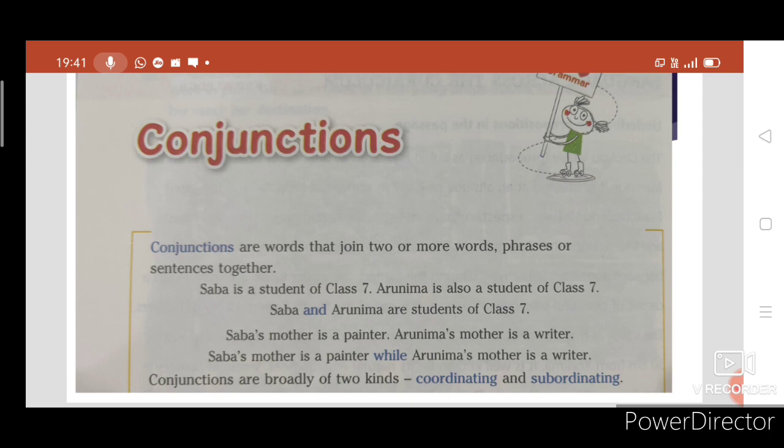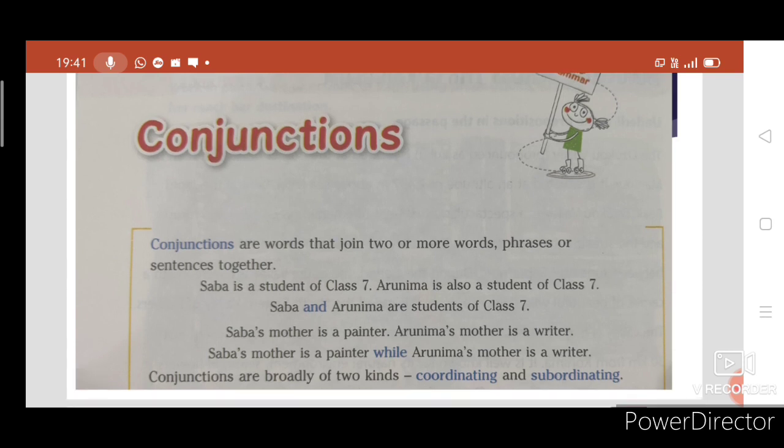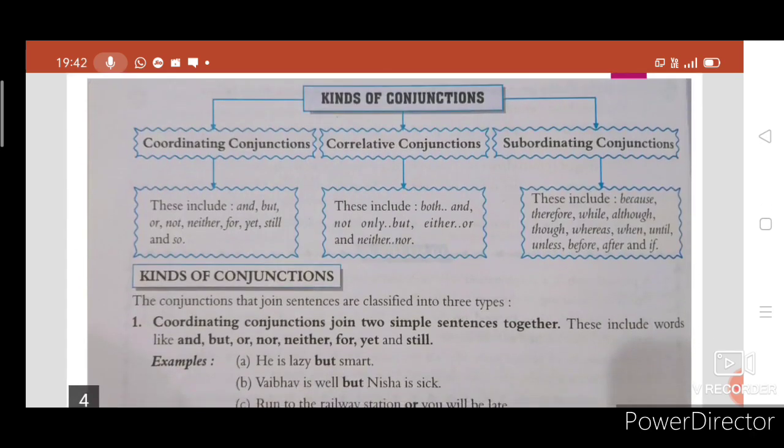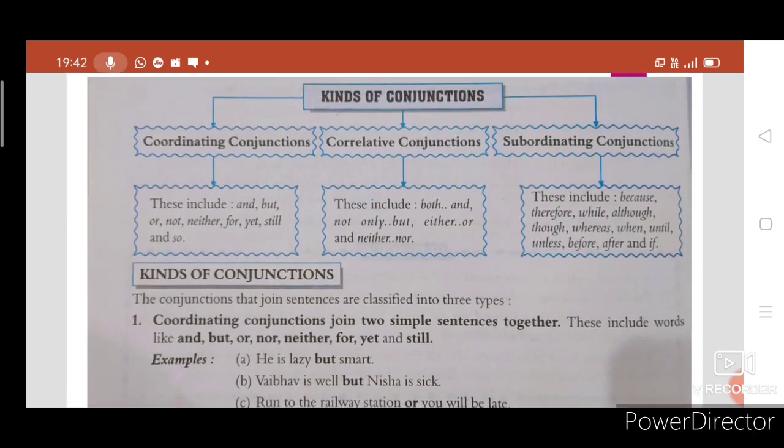Now we will move to the kinds of conjunctions. Conjunctions are broadly of two kinds, coordinating and subordinating. But when we see this in detail, there are coordinating conjunctions, correlative conjunctions, and subordinating conjunctions.